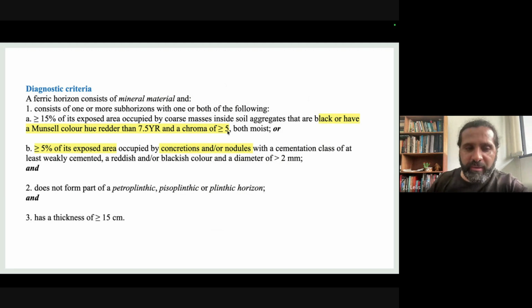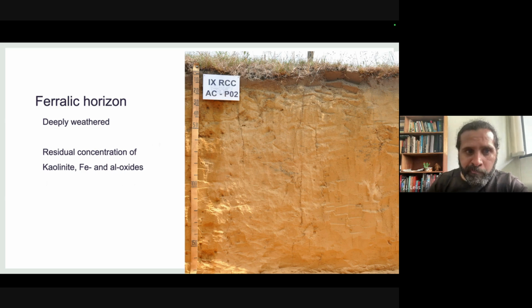And of course, the ferric horizon cannot be a petroplinthic, pisoplinthic, or even plinthic horizon. And the minimum thickness is 15 centimeters. So I can register some iron concentration, but a very low content of iron cementation, and definitely no cementation of the horizon.